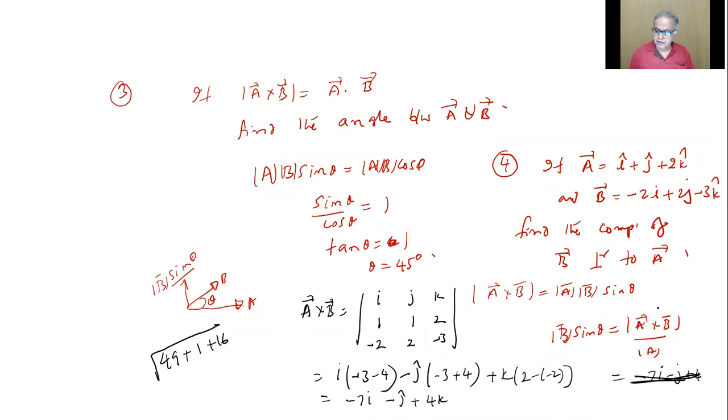This is the mod of A cross B divided by mod A. Mod A is 1 square plus 1 square plus 2 square under root. So how much is this? Root 66 by 6. Is this correct?